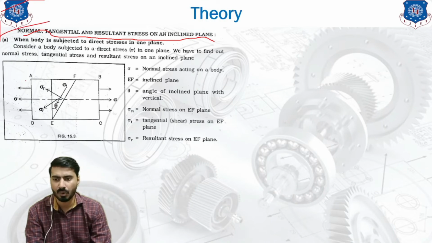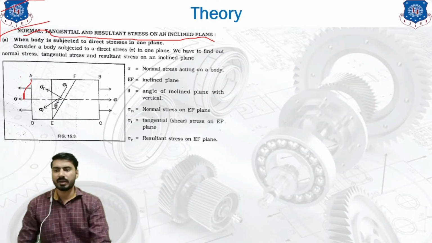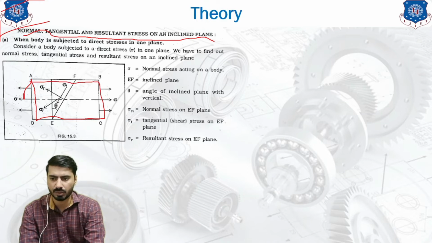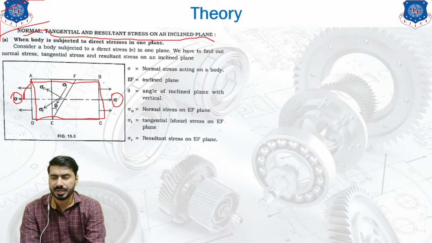Here is our body, a rectangular body ABCD, which is subjected to horizontal stress sigma. This is applied externally, so we don't have to use our mind to understand it. It is the force which they provide in the application.